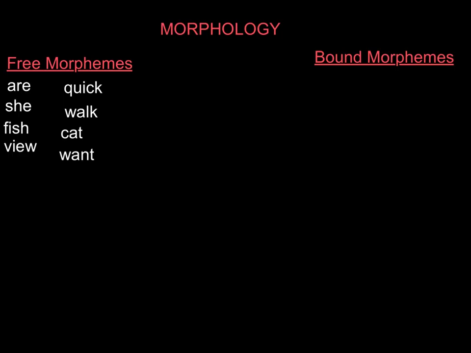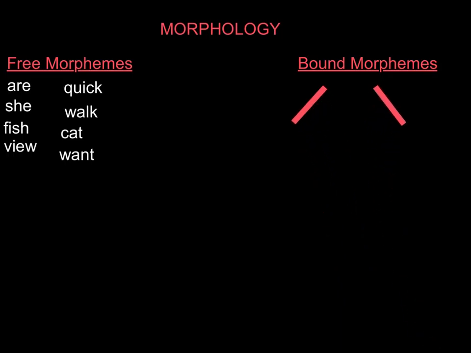But some free morphemes, we can add things to them to change them. And that's where bound morphemes come in. Let's turn our attention now to bound morphemes. This is more complicated, and it's really the bound morphemes that create challenges for some of the students that we are working with. A couple examples of bound morphemes, and these aren't all bound morphemes by any means, are prefixes and suffixes.